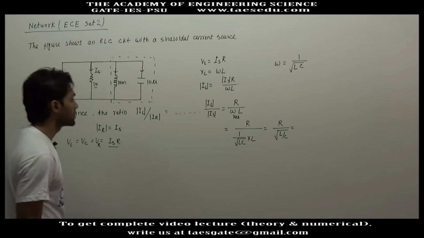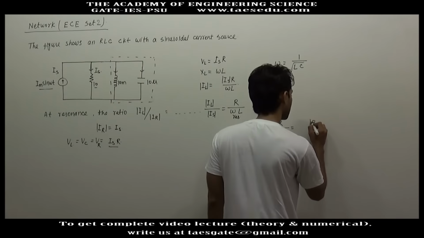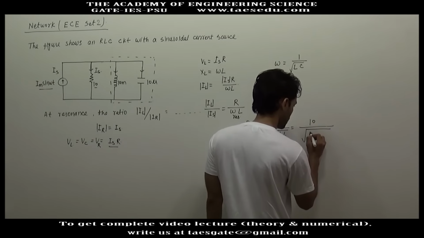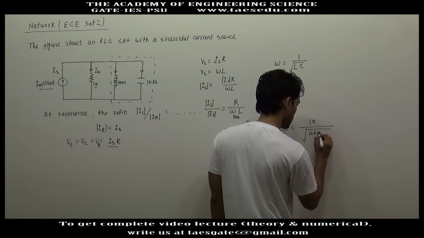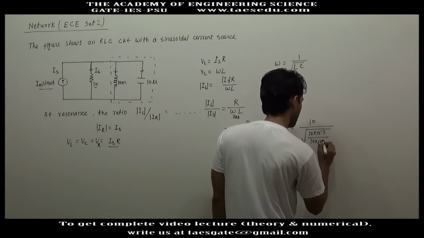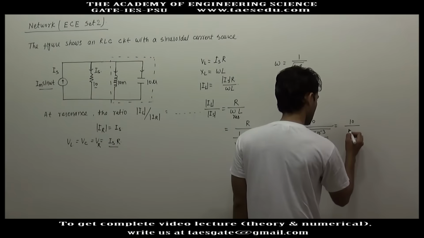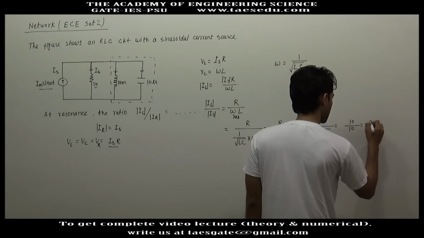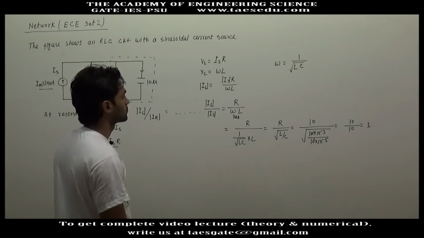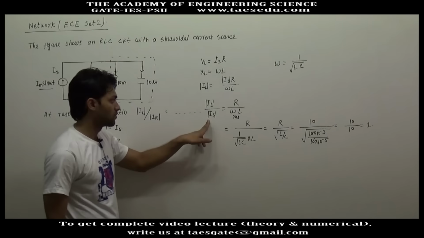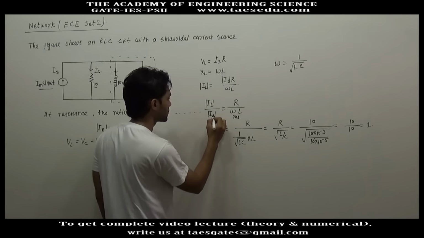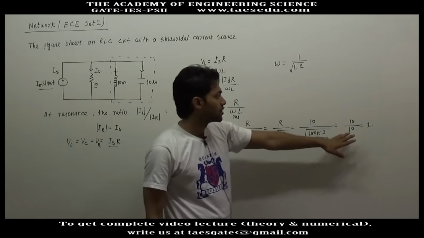Okay, R is 10 ohm, L is 10 millihenry, which means 10 into 10 to the power minus 3, divided by the capacitance.